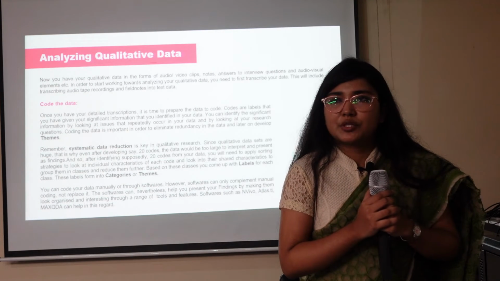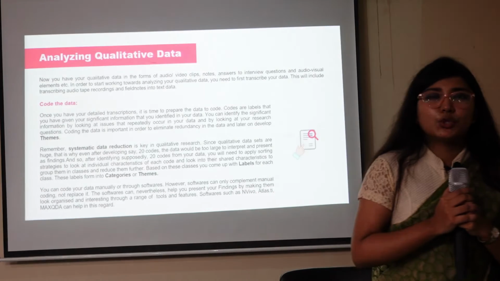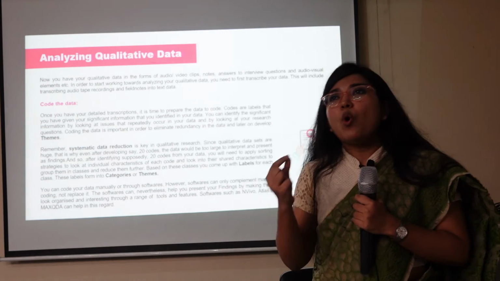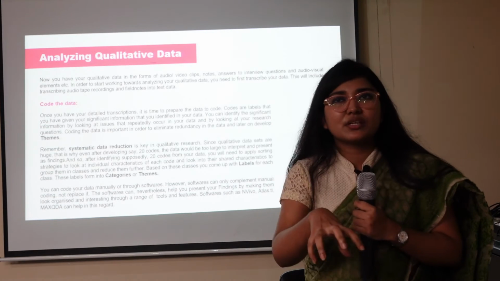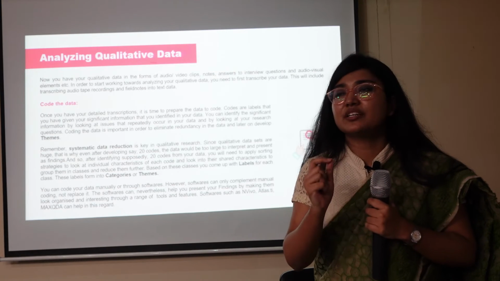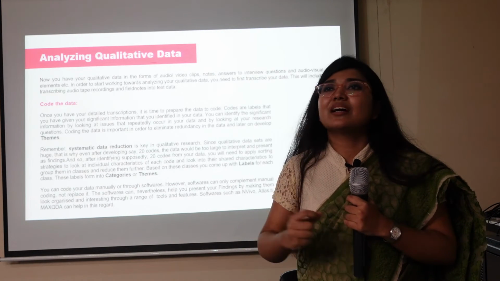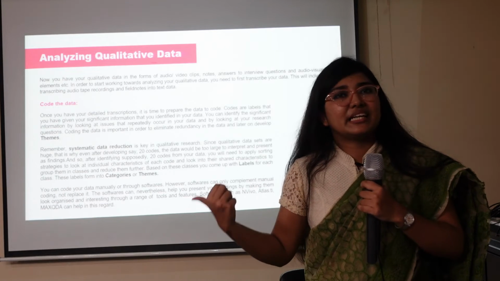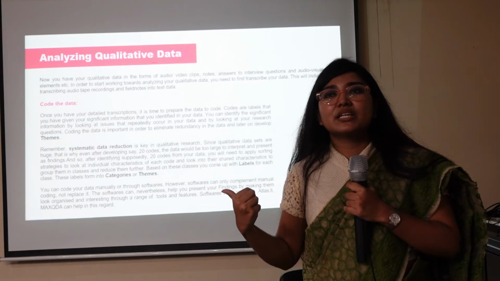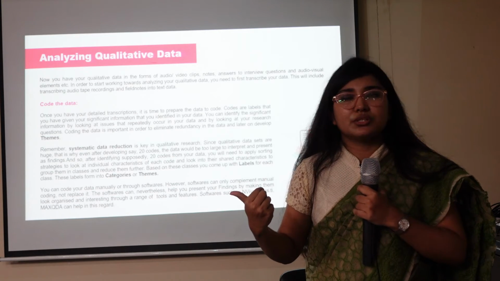You look at your transcription, you look at your research questions, you look at your literature review, and you think in terms of all that, what information out of this transcription really speaks to me, what information is the significant information that I need to jot down in order to get to data analysis, in order to prove my research questions, in order to solve my research problems, or in order to suggest solutions.